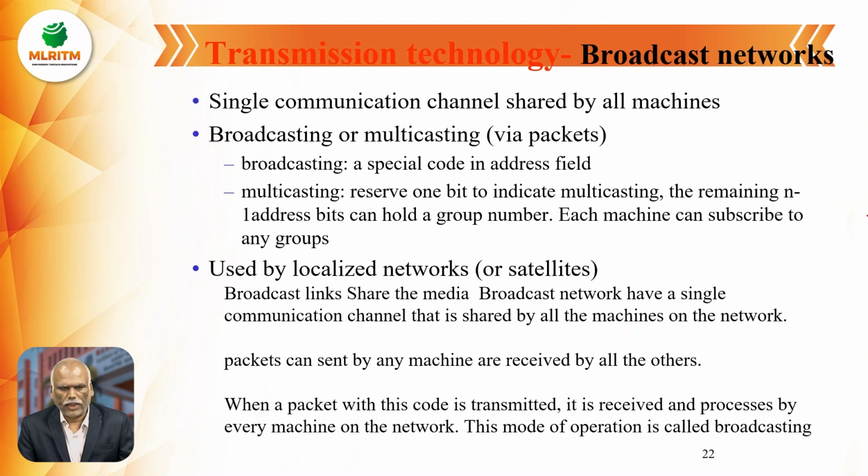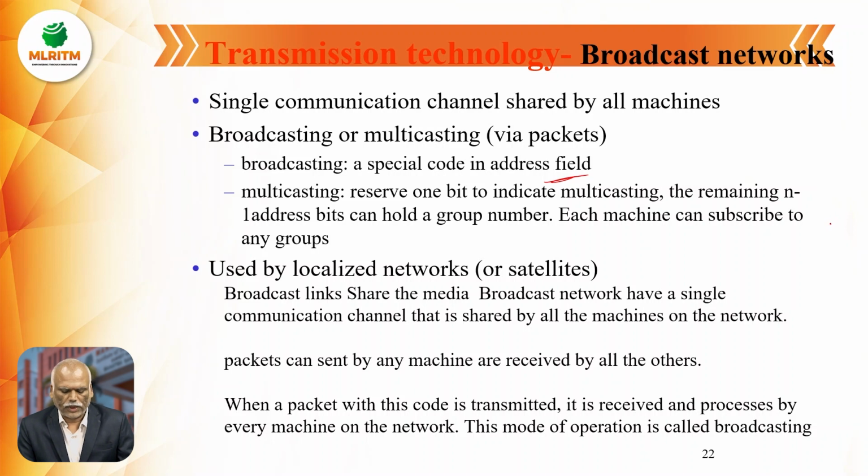So one device can send the information and all the devices that are part of a network can receive it. So broadcasting or multicasting using packets. Broadcasting uses a special code in the address field, with some specific byte information, to specify that it is a type of broadcasting, where it can be received by all the devices part of a communication link.